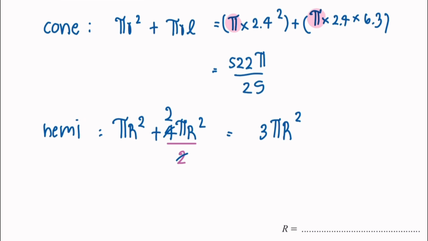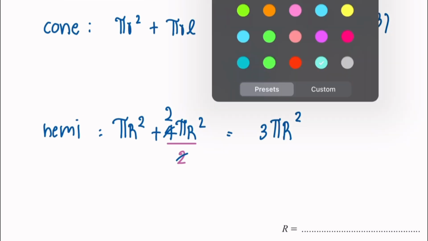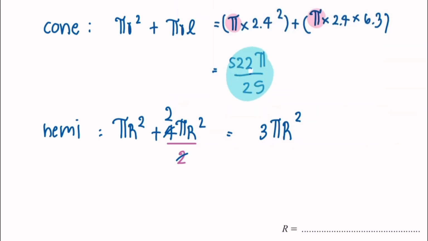And in the question, it said that the total surface area of the cone is equal to the total surface area of the hemisphere. So they are equal. Therefore, you can calculate the value of r by this.